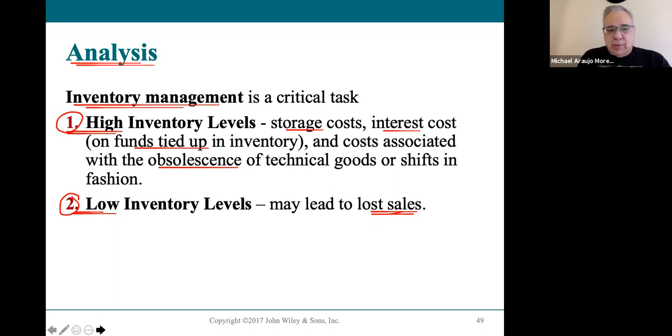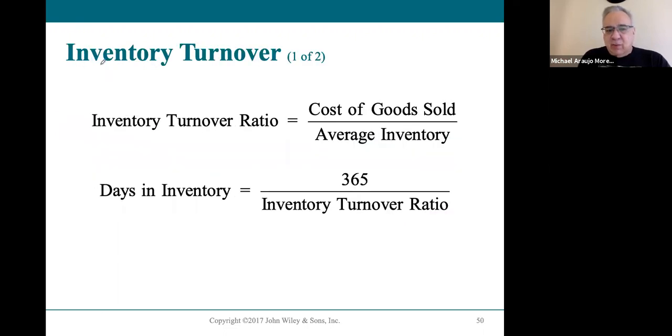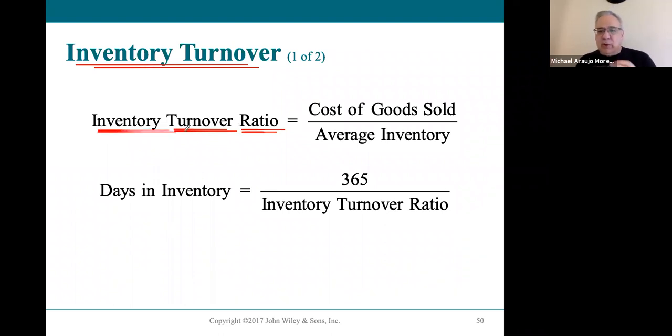There are two ratios that you're going to be learning about that are very practical ones to know. The most important one is the inventory turnover ratio. The word turnover here is very important to understand because the reason that businesses buy inventory is to sell it. After they sell the inventory, they restock.